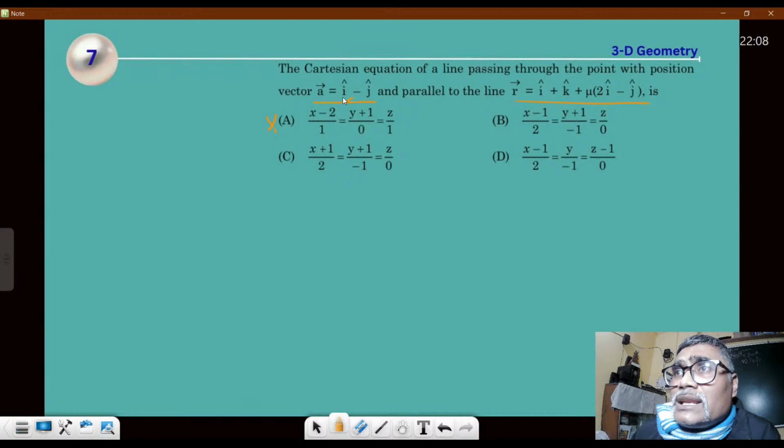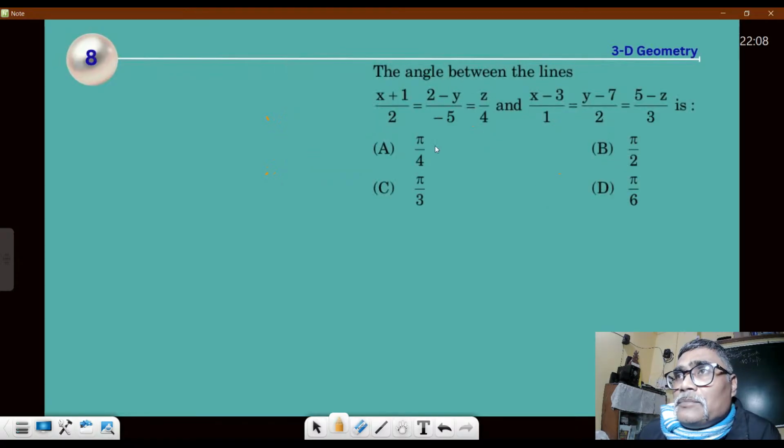It should be x minus 1, this will not work. This can be any one of these, and then next you go for x minus 1, then the next component will have numerator y plus 1. So this is rejected. Your answer is this. You need not do more about this, right? So you got it within less than 1 minute.